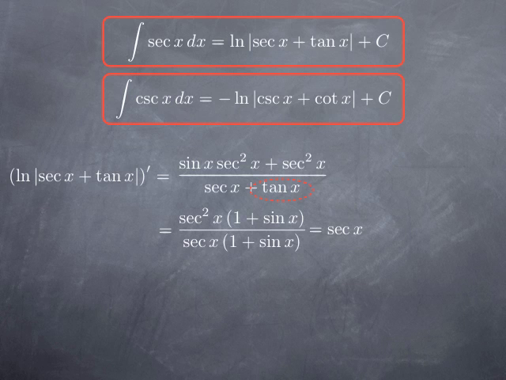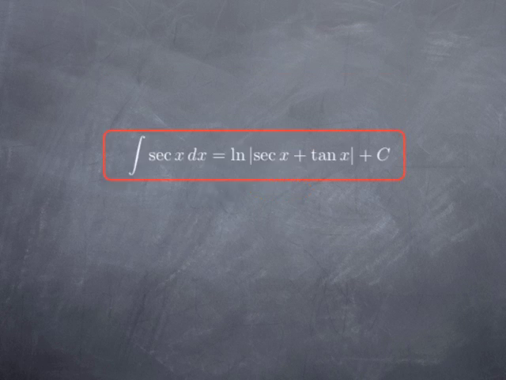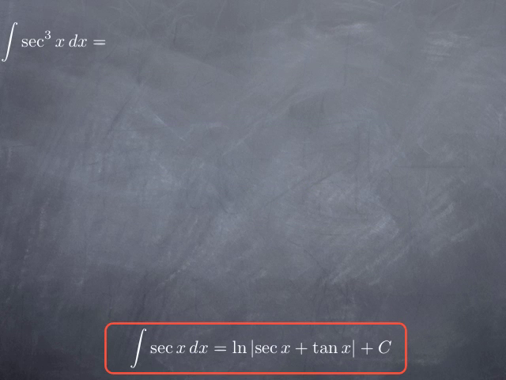Of course, the calculation would be pretty much the same for the second formula. Now what can we do with that? Let's look at something a little bit more complicated. Let's say we're looking for the integral of secant cube x. Well, the first thing we should look at is, is there any kind of substitution we can use?